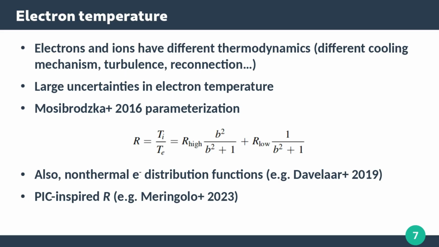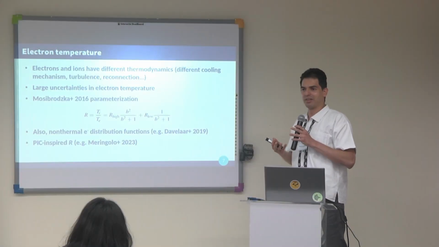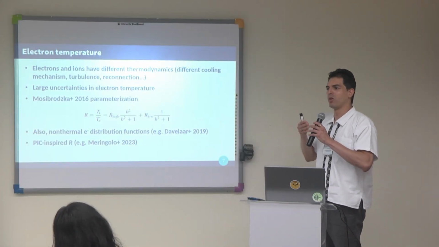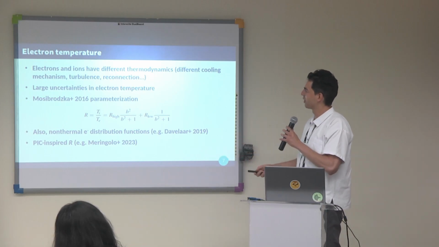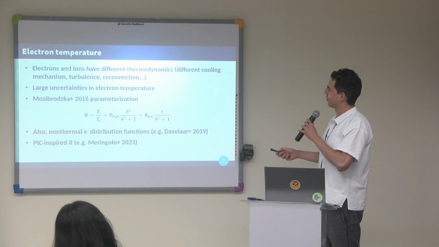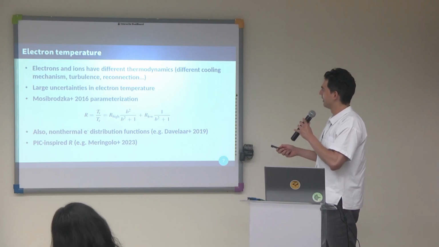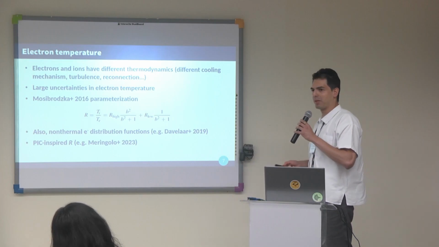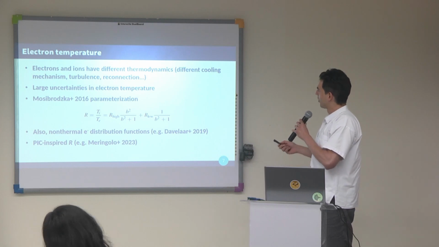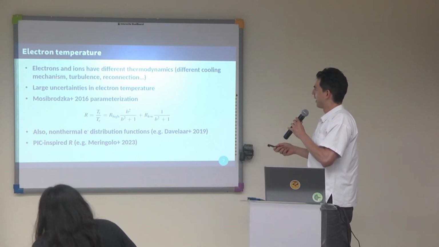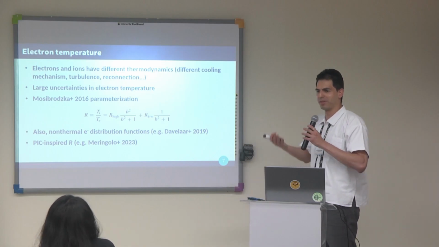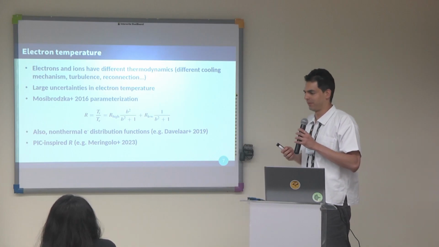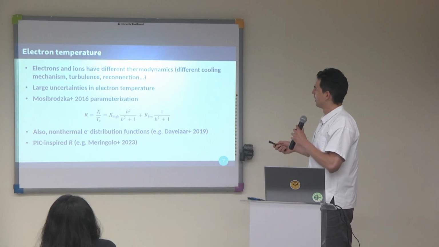Now, there is one important thing that is necessary to take into account when going from GRMHD simulations into radiative transfer calculations. And this is that electrons and ions will have in general different thermodynamic properties. This is because they will cool by different mechanisms. So, for example, the electrons are more susceptible to be accelerated by magnetic reconnection.